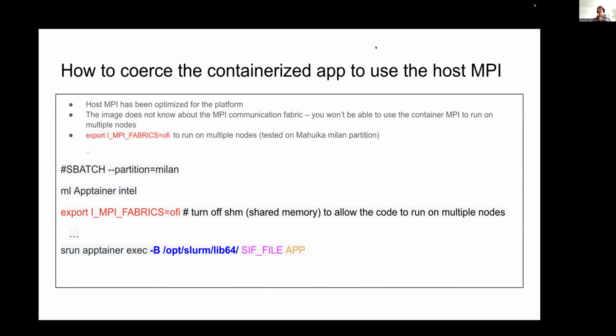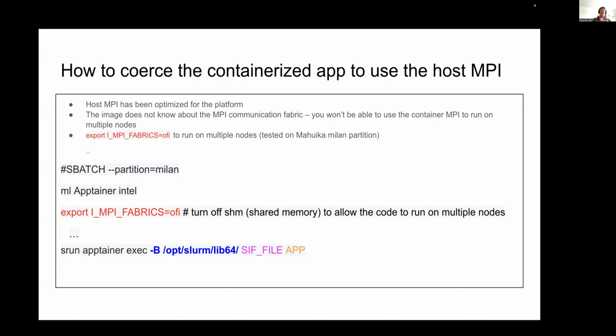What are the differences, once you have this executable, you have built everything? What would be the difference with Slurm? So here there's a little subtlety that we had to figure out, and it's how to get the containerized application to run on multiple nodes.